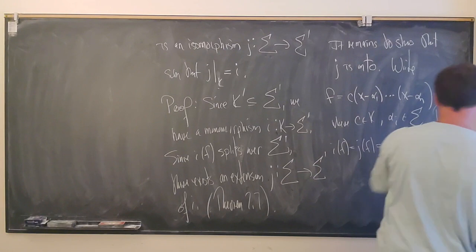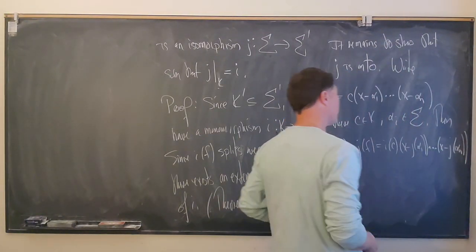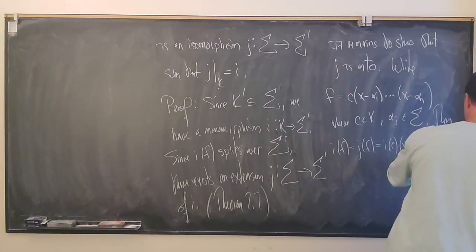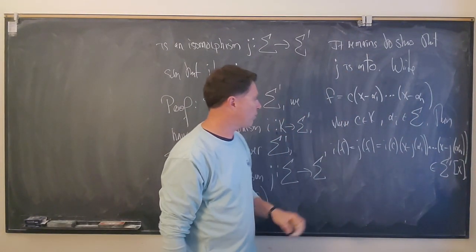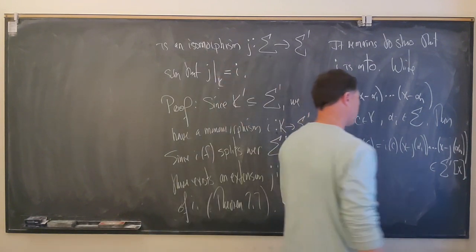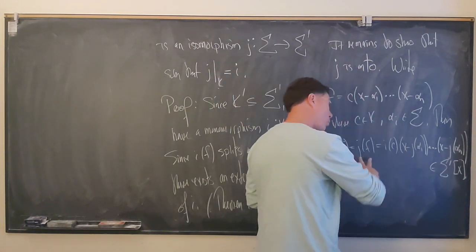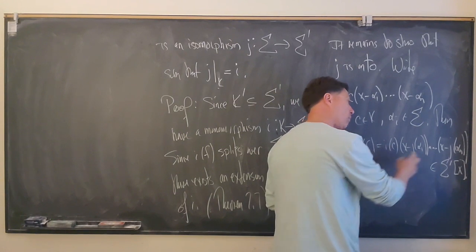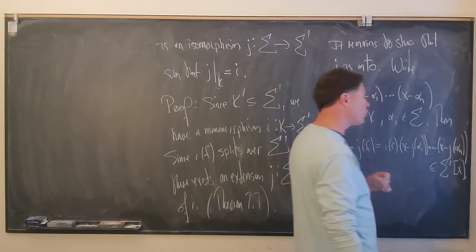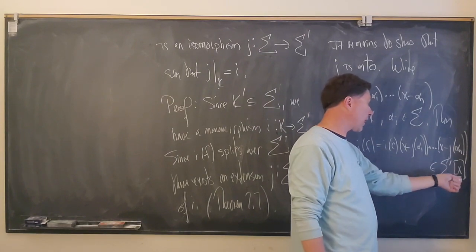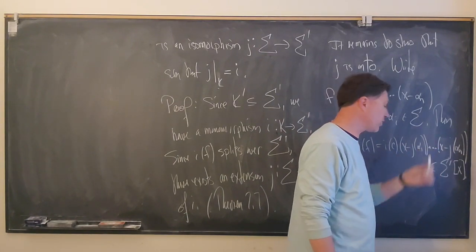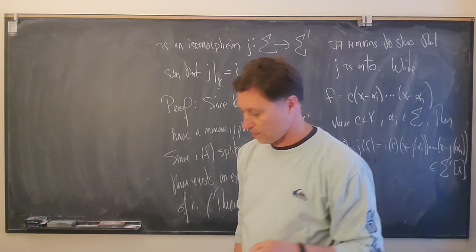But where does this live? This lives in sigma prime[x]. When you apply J to F, you can apply J to each of the roots, and then this has to live in sigma prime[x], which means that J of each of these alpha i's lives in sigma prime.